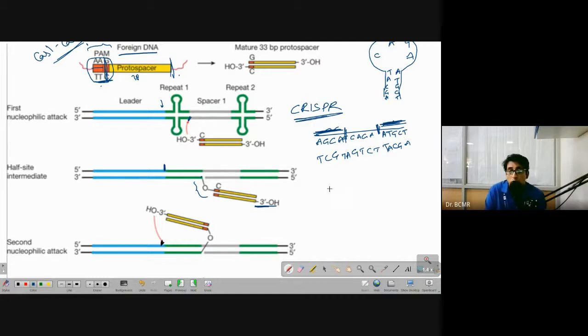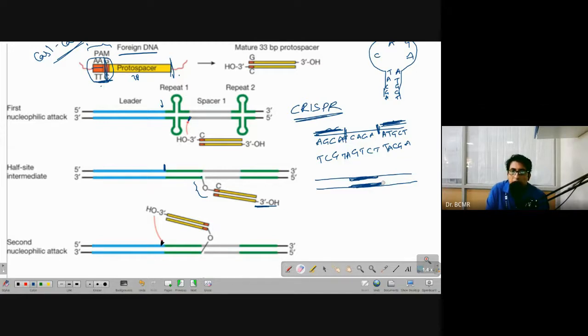So I'll see if I can make sense out of it by writing it. This is the DNA, and assume that this region here is the repeat. Okay, that is the repeat there. And now we are making a nucleophilic attack.